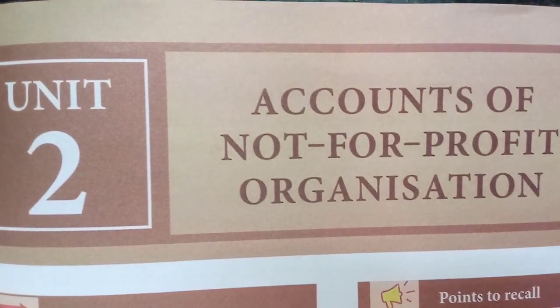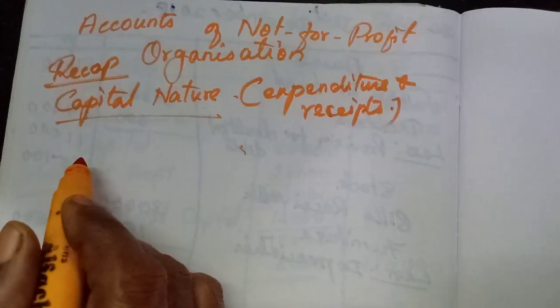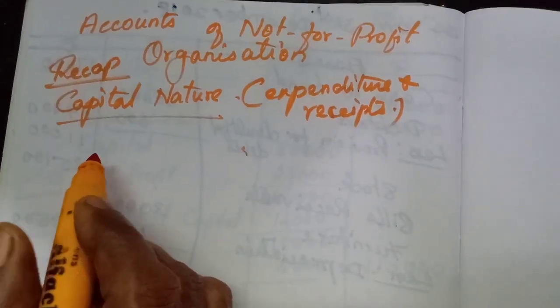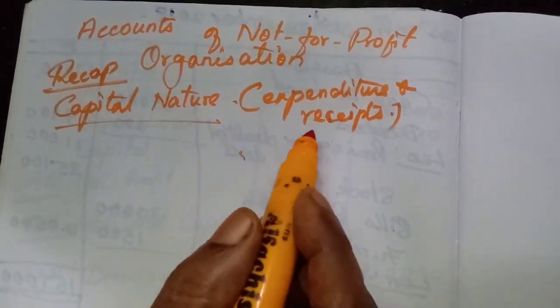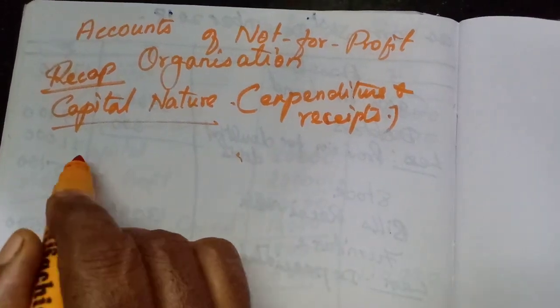So first of all, you should know what is capital expenditure. Capital nature, it may be either capital expenditure or receipts. Understand?